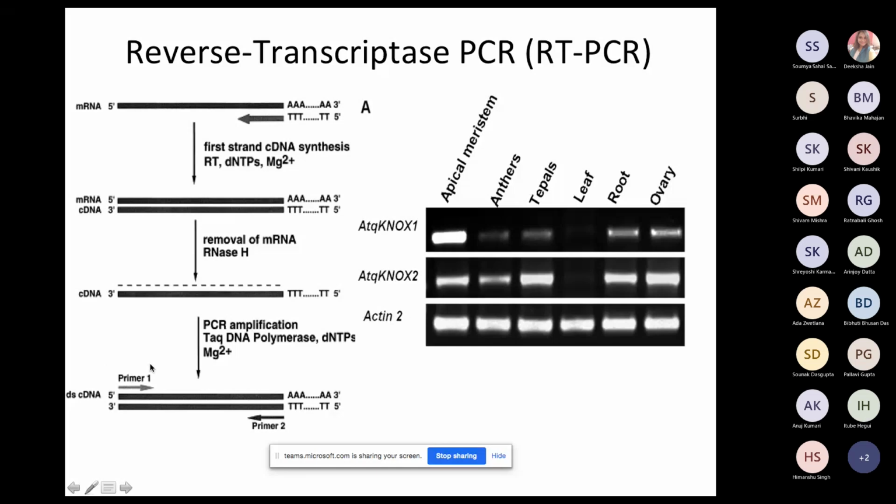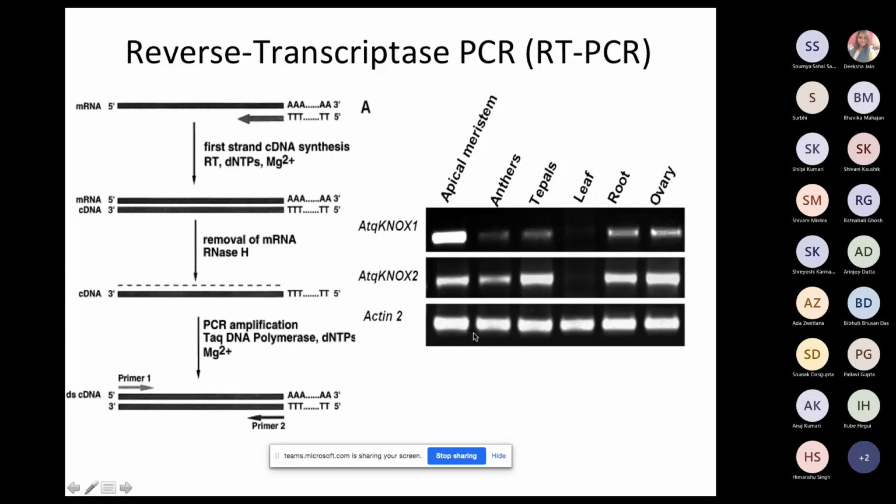If your primers are binding to multiple regions in the whole genome, I mean to multiple transcripts, obviously you cannot figure out which particular gene the multiple bands coming when you run it on a gel are from. So that's why this designing is very important, so that it only binds to your gene of interest. And here again, this is actin, so this is the housekeeping gene.